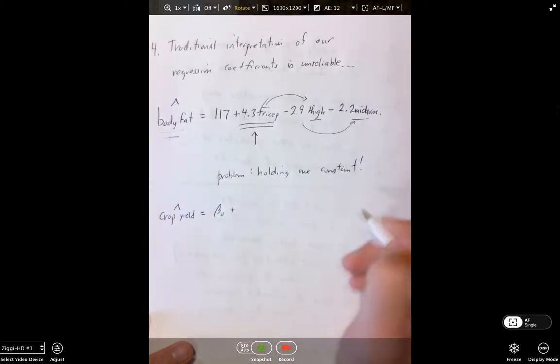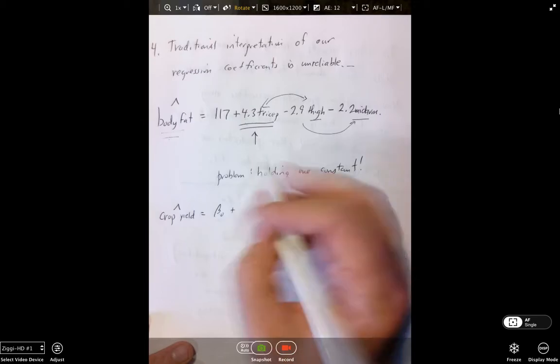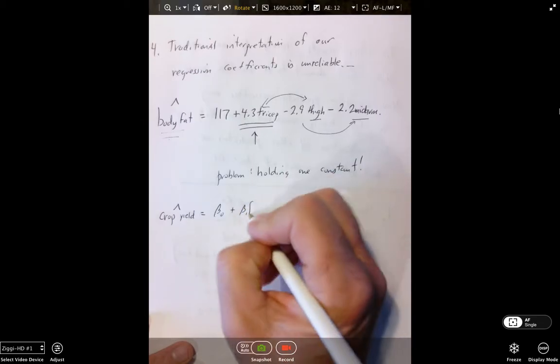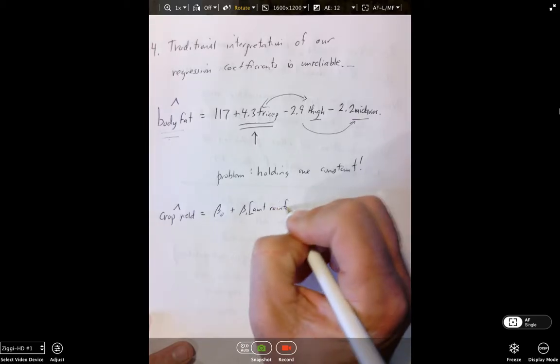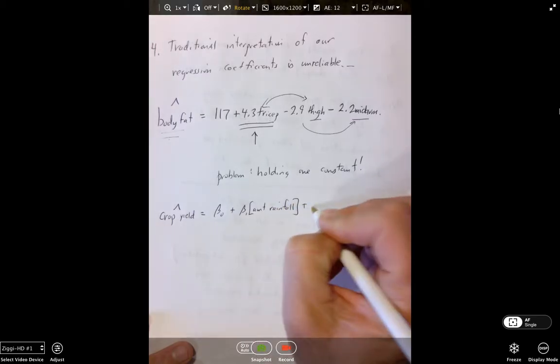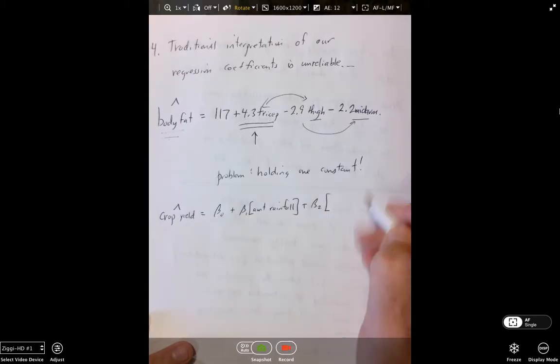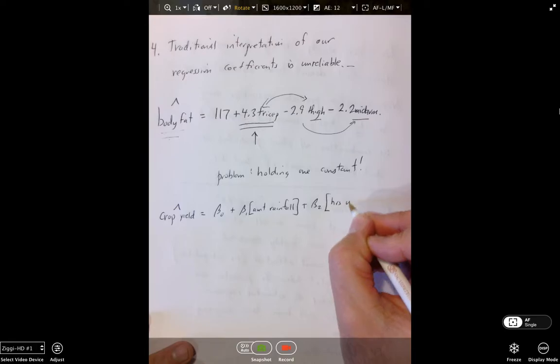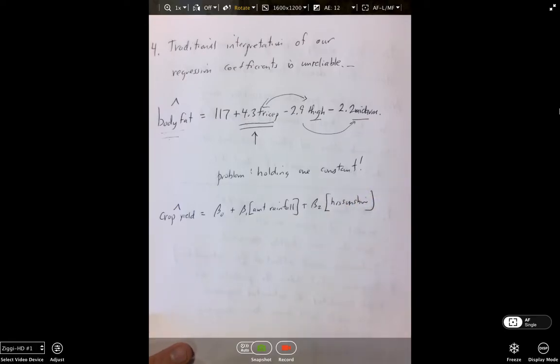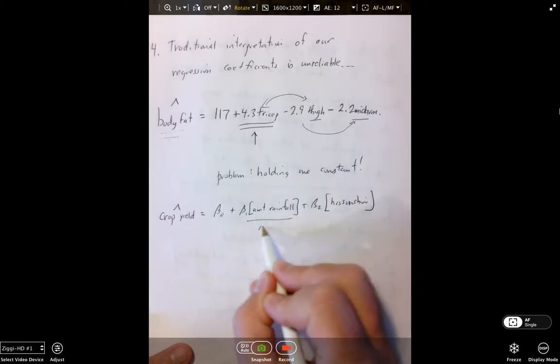If we're looking at a two predictor model of crop yield, hours of sunshine, and we want to hold amount of rainfall constant.